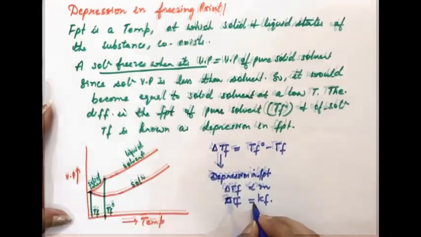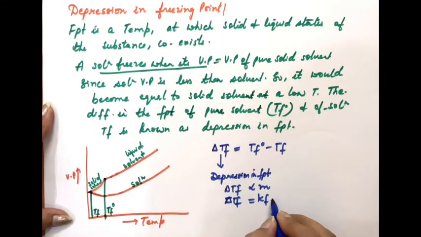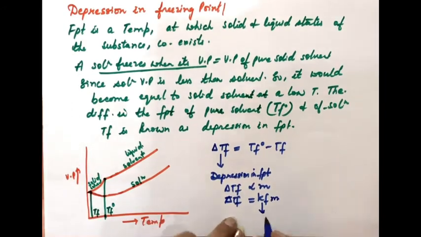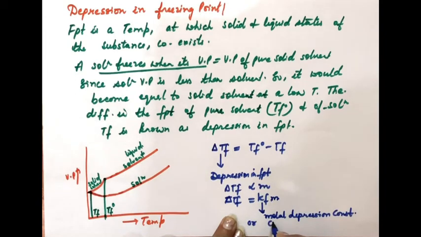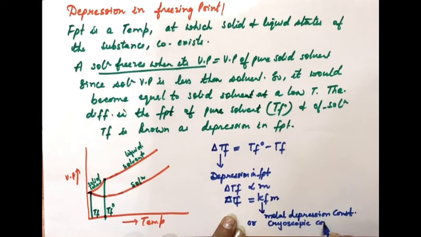And if proportionality, a constant Kf will come here. This constant is known as molal depression constant, or this is also known as cryoscopic constant.